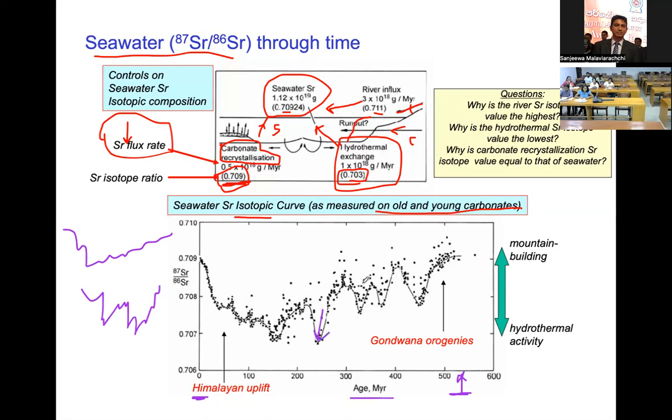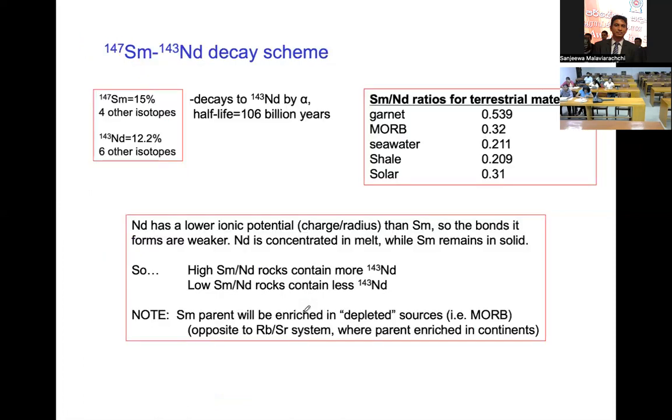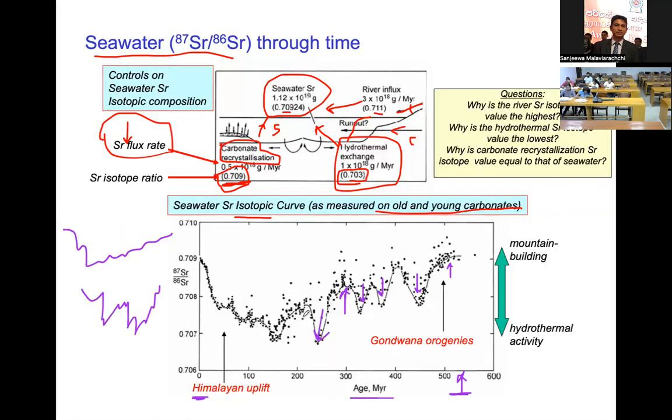For example, these troughs, right? These troughs could be related with some events, right? And these tops, these high plateaus, could also be related to some events. Okay.